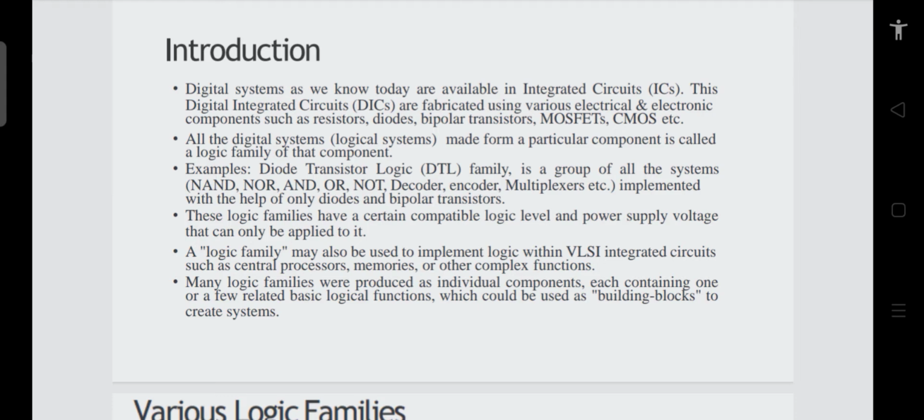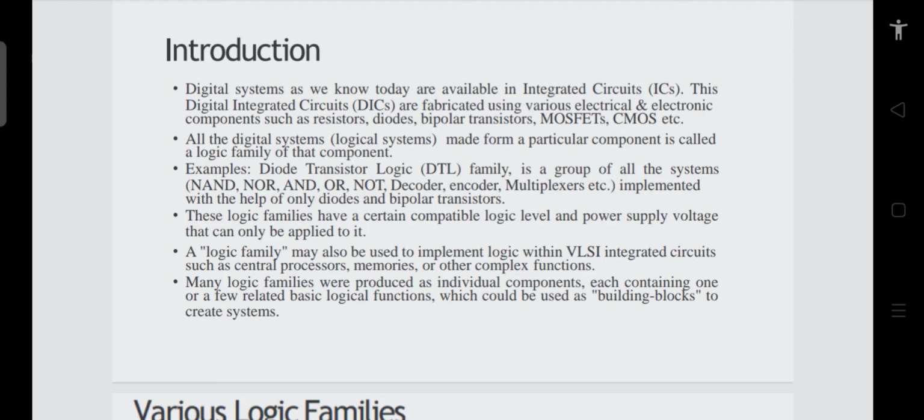Nowadays these various integrated circuits are fabricated with electrical and electronic components such as resistors, diodes, bipolar transistors, MOSFETs or CMOS. So all these digital systems are made from a particular component.